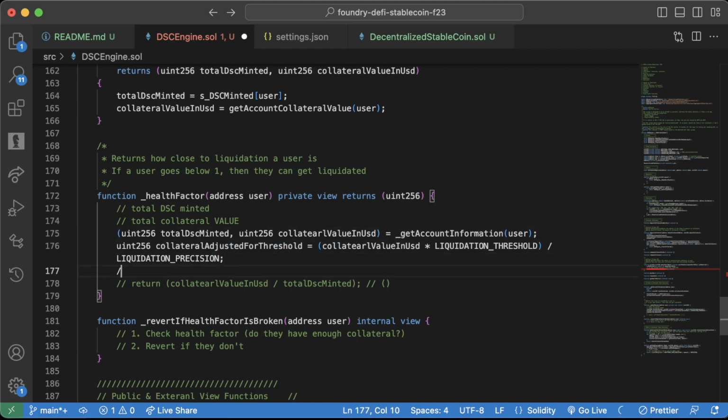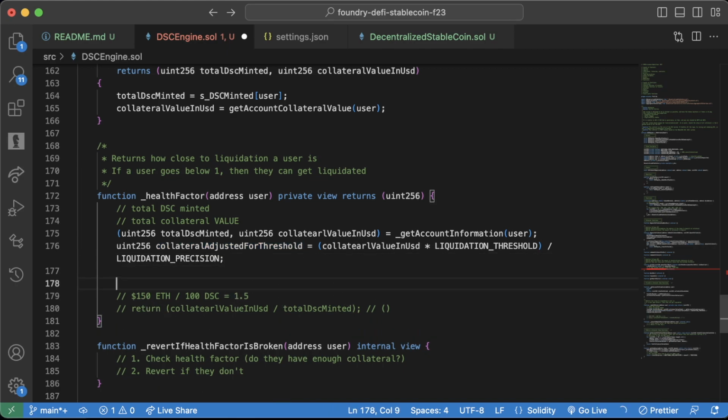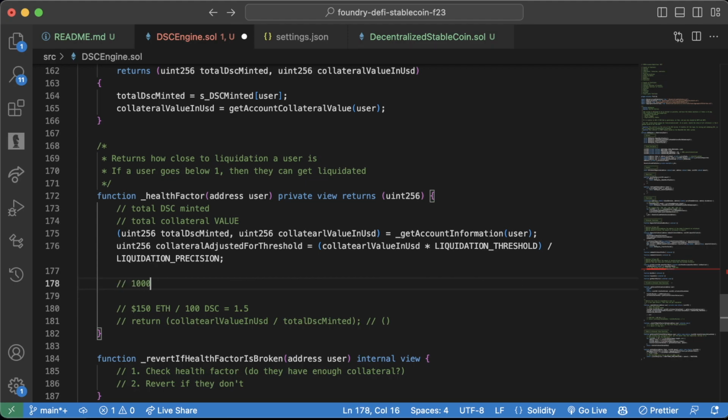Now you can kind of think of it as, say we have $150 of ETH divided by $100 of DSC. This would be 1.5, but now they need to multiply by 50 as well. But now this collateral value is multiplied by essentially 1/2, right? Let's do the math here. If we had, say, $1,000 of ETH, we times that by 50, which gets us to 50,000.